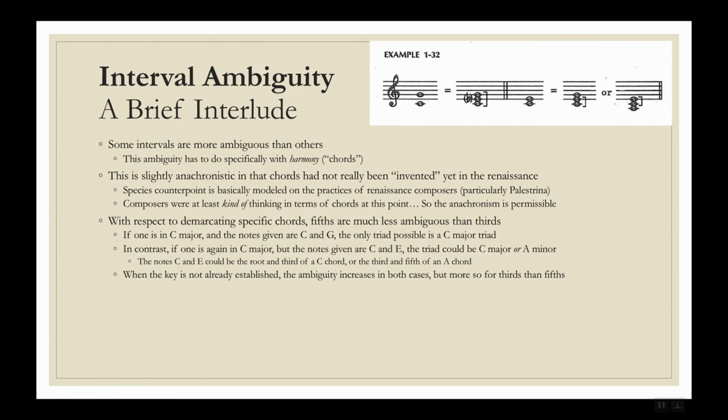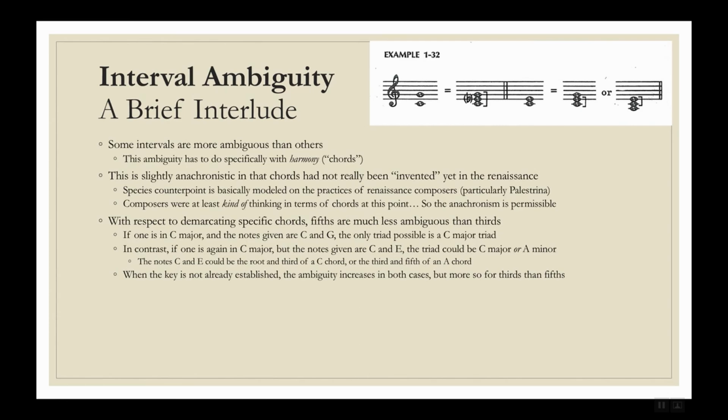And your answer could be like, well, if we don't know what key we're in, it could be a lot of different things. That could be the third and fifth of a D major chord. It could be the root and third of an F sharp minor chord. It could be the fifth and seventh, if we're doing seventh chords, of a B7 chord, or a B minor seventh chord. I don't know, there's lots of other things it could be.